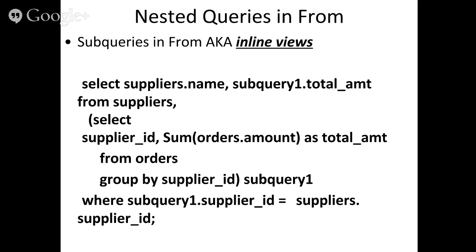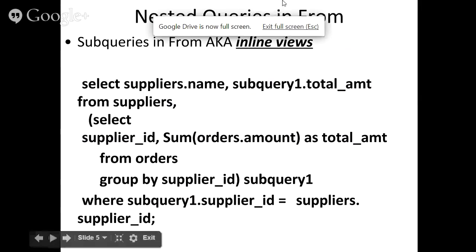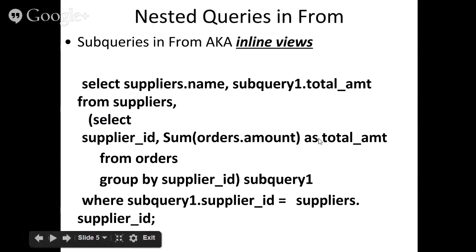So what are we doing here? In the inner query, notice that it's extracting from the orders, retrieving two fields. One is a supplier ID. The other one is total amount, using some summation, some aggregates that we haven't looked at just yet.